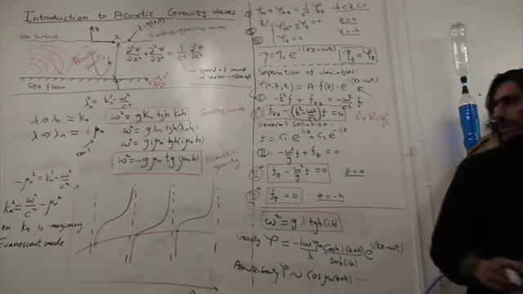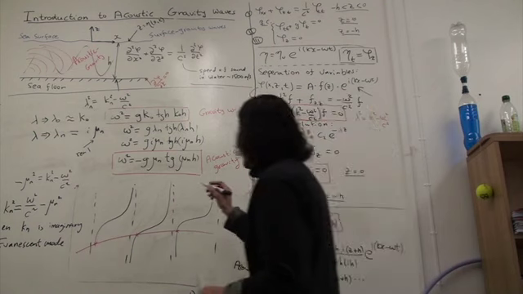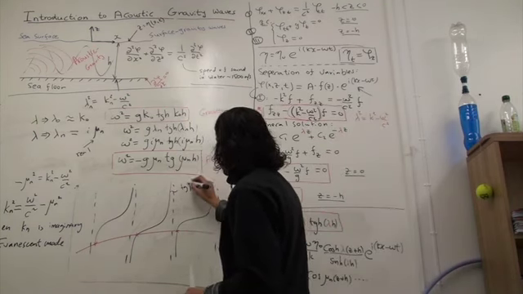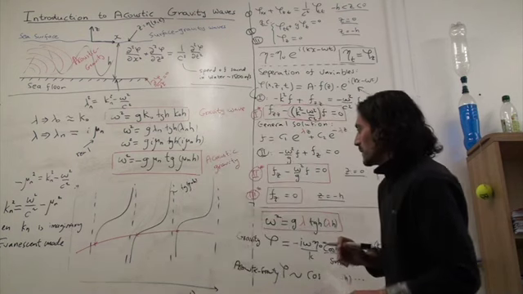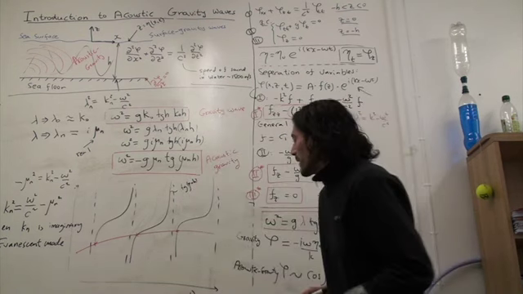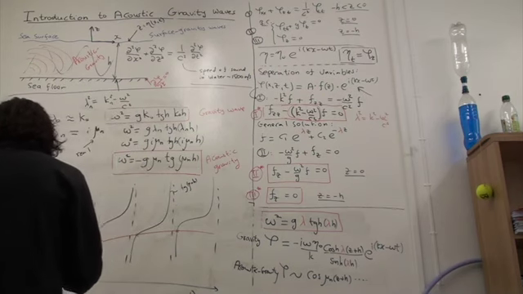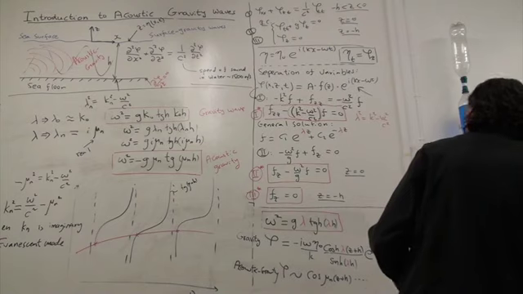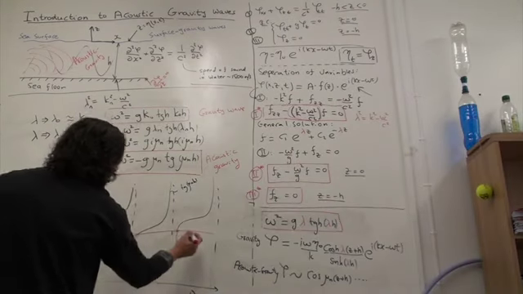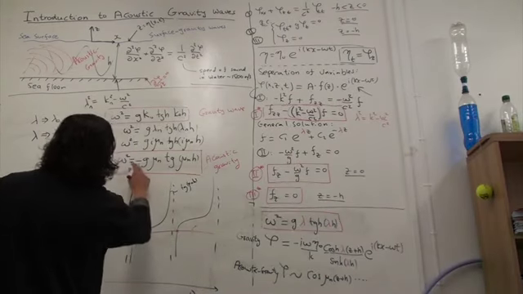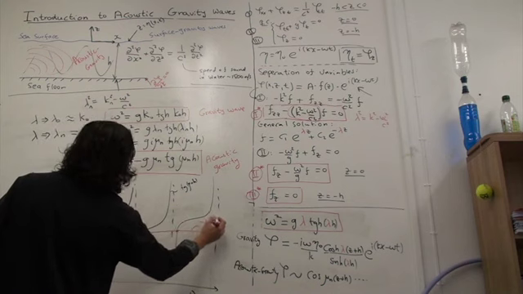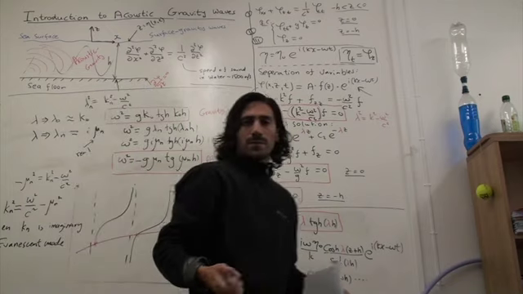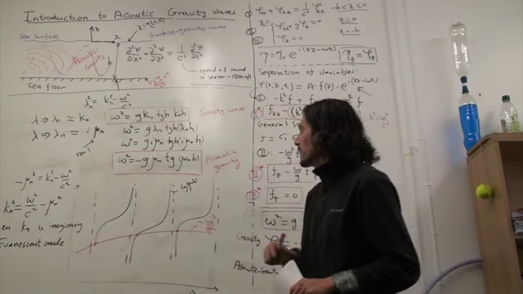If I just complete this figure here, this would be the tangent of mu_n h, right? This is mu_n h, this axis, and this line here in red would be minus omega squared over g mu_n, right? This is one way, because you can't solve this analytically.